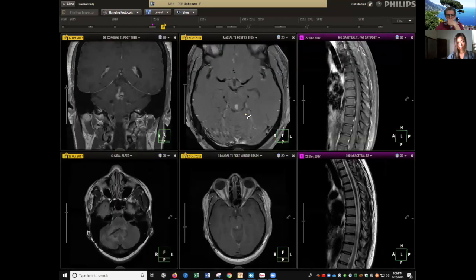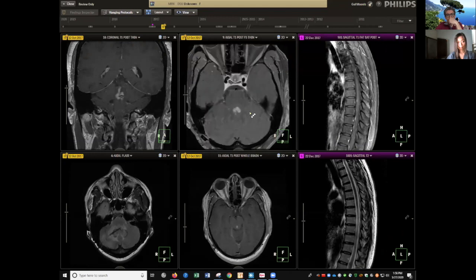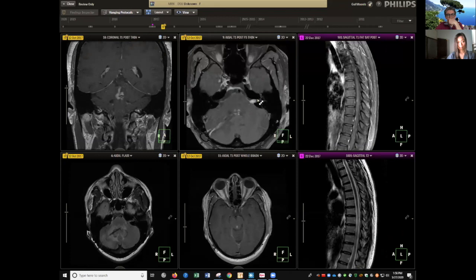When we see nodular enhancement or leptomeningeal enhancement, for trainees, the Pavlovian responses are lymphoma, sarcoid, TB, and then other infections and other granulomatous diseases. And this is just a very good example of sarcoid. If you just saw this and didn't see any of the other findings, I would not think of sarcoid.